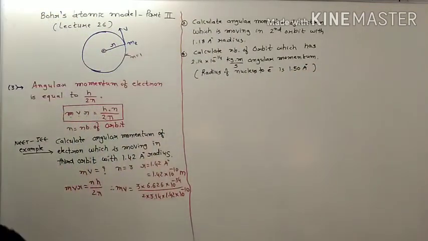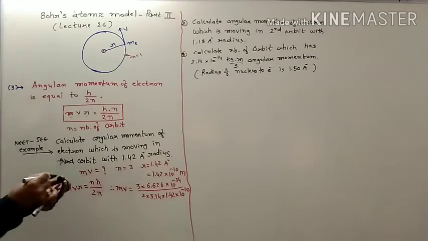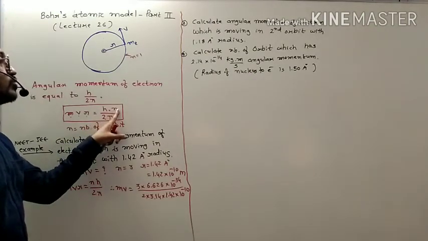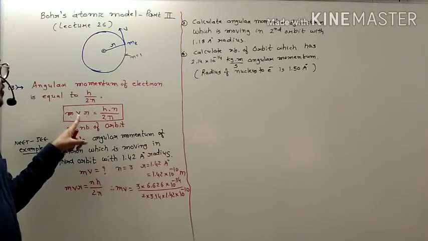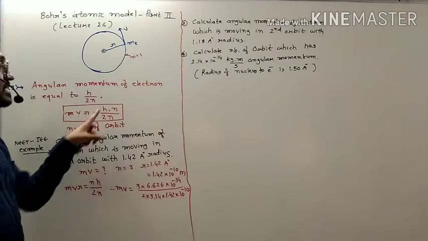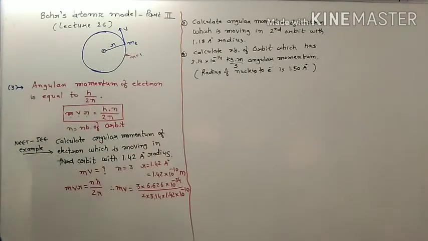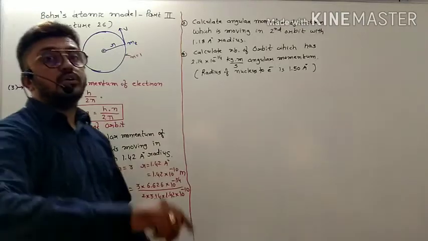So now in this third numerical, you have to calculate the number of orbit, means you have to find n. mv is given and r is here, which is 1.5 angstrom. Then you can easily find the value of n, but this numerical you have to do yourself.